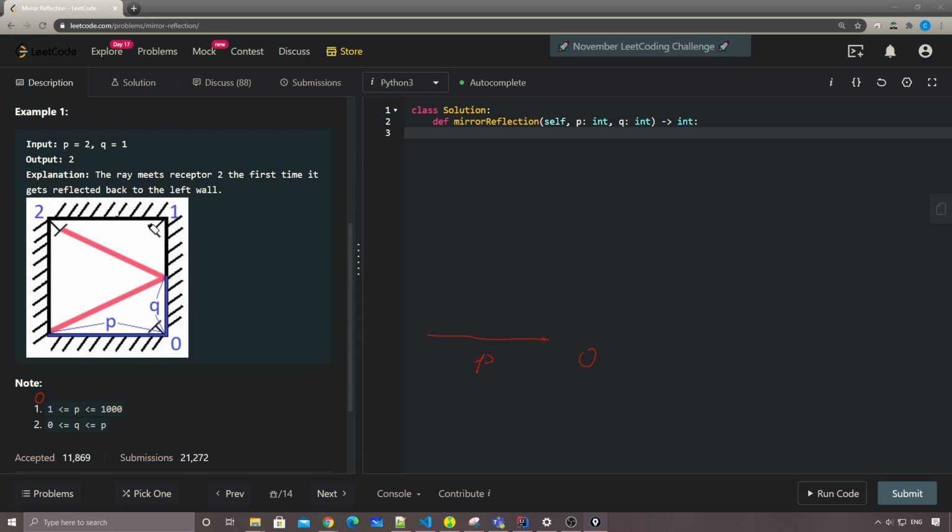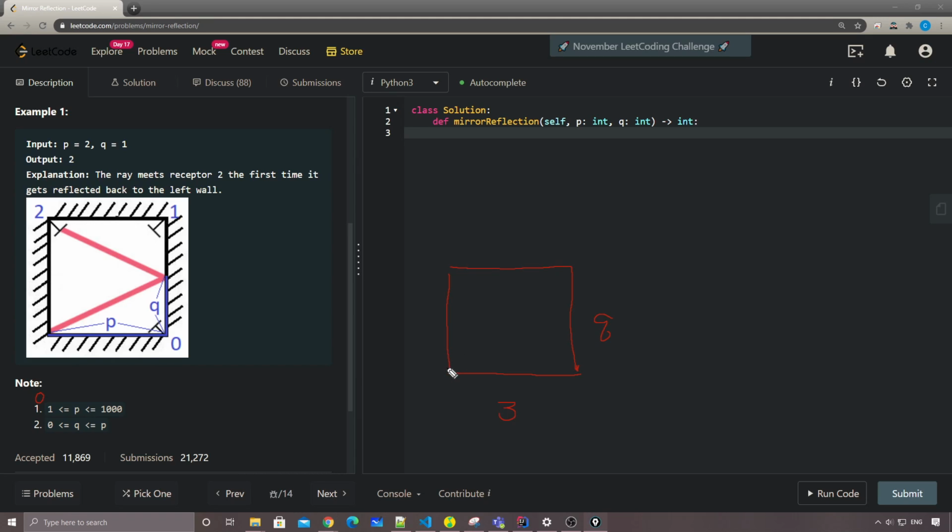And let's take a look at a more difficult one. How about receptors 0 and 1? For those we have to draw some different squares here. Let's say the length of P is 3, and Q is 2.